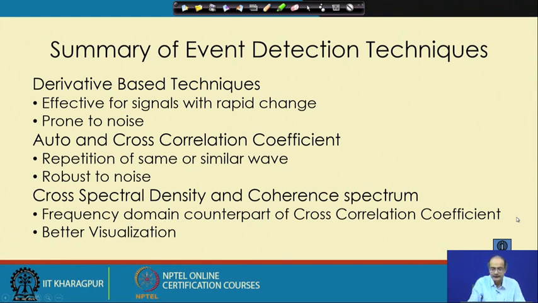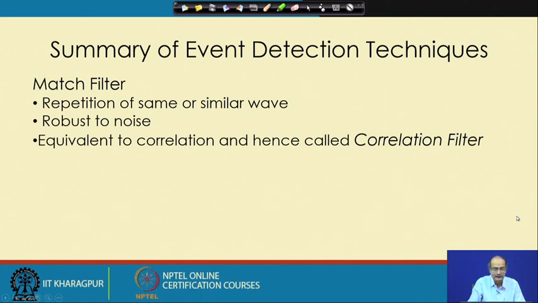Now, let us look at the other technique we have learned here, that is match filter. Again, match filter is based on the philosophy of repetition of the same or similar wave, and we find that it is robust to noise. Only the first one, that is derivative based filter, is prone to noise.